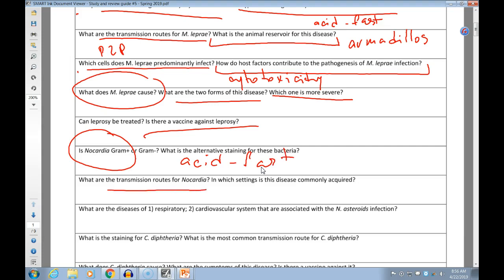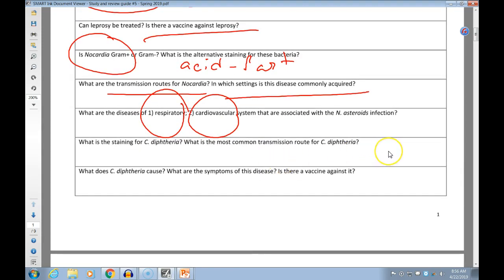Transmission routes for Nocardia: it's nosocomially transmitted, commonly found in soil. Respiratory: pneumonia. Cardiovascular: endocarditis. Does that make sense? So for gram-positive, the most common transmission route is respiratory.